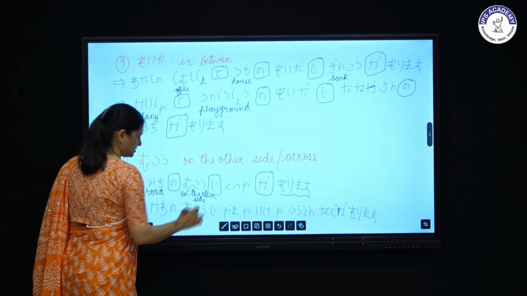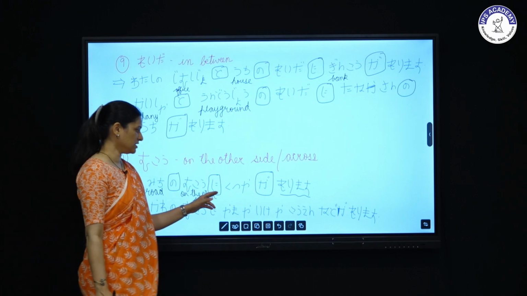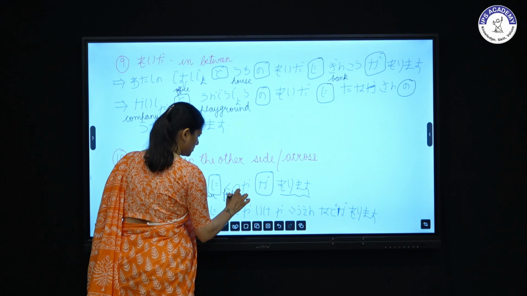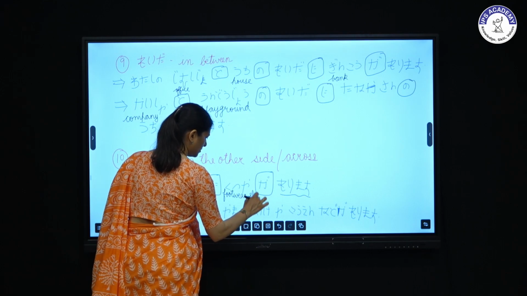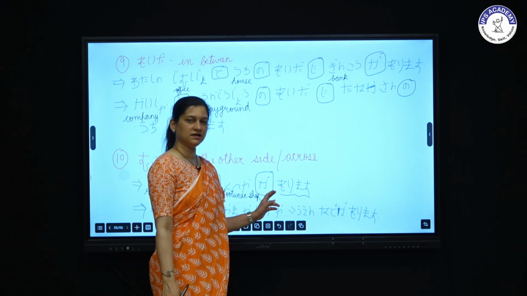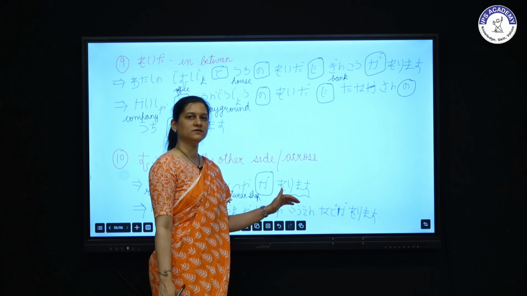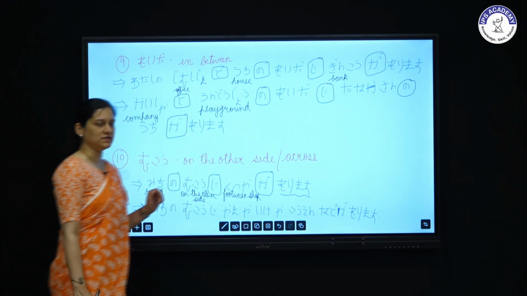On the other side. So it is the preposition, that is why we will use ni particle after it. Kutsuya is footwear store, footwear shop. It is the object of the sentence, that is why we will use ga particle after it, and it is a non-living thing. For that we will use arimasu at the end. Okay.